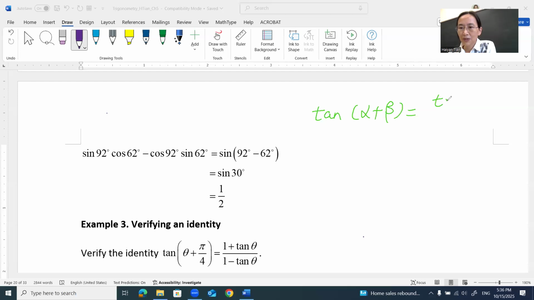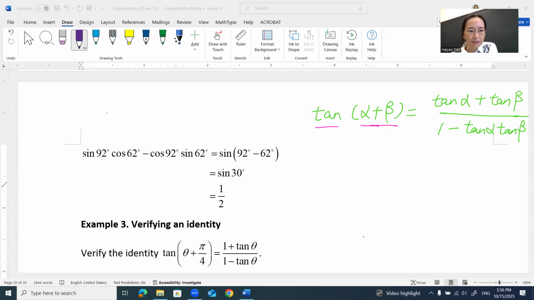Remember, it is tangent alpha plus tangent beta over 1 minus tangent alpha times tangent beta. So that is the sum formula for tangent. With that formula, if we apply it to this, that means alpha is theta, beta is pi over 4.